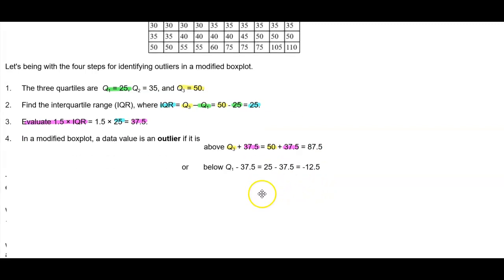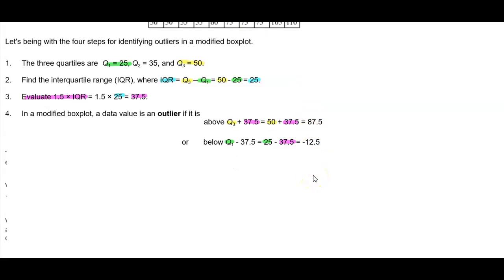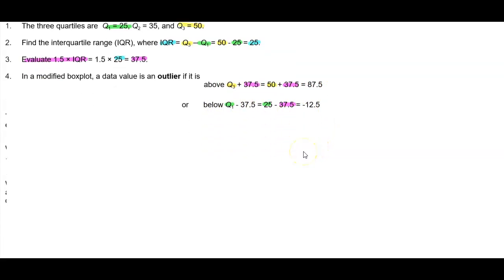Likewise, we're going to take a look at below. So if we take quartile 1, which we know is 25, and subtract 37.5, then we get negative 12.5. So anything above 87.5 or anything below negative 12.5 will be considered an outlier.